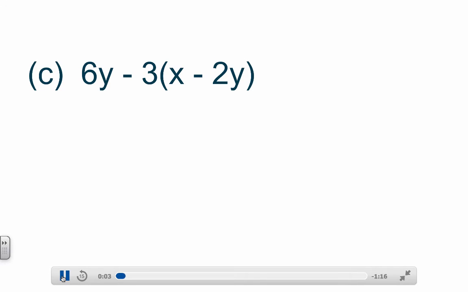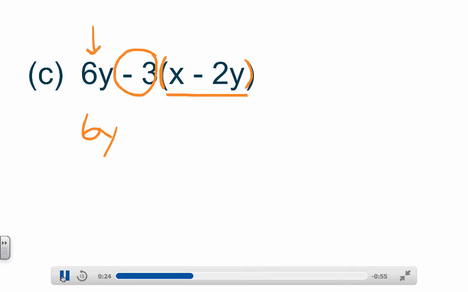Okay, part C is a little bit harder because we have the distributive property in here too. So to simplify this, the first thing we have to notice is that this -3 is connected to this set of parentheses. So the -3 has to get multiplied by everything inside of there. Since we're not doing anything with the 6y, then we're going to write 6y first, and then we're going to distribute -3 in.